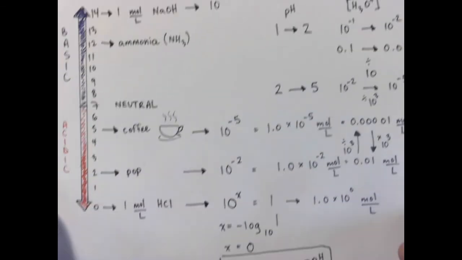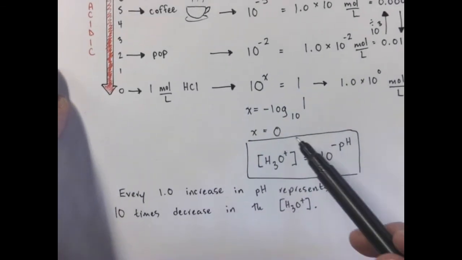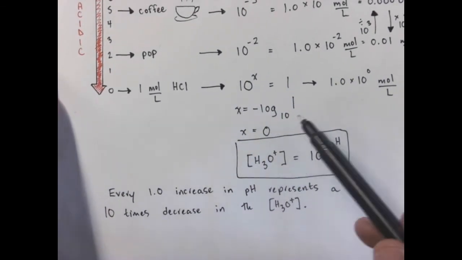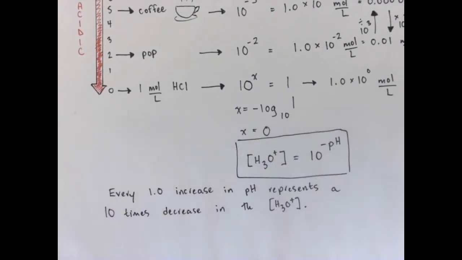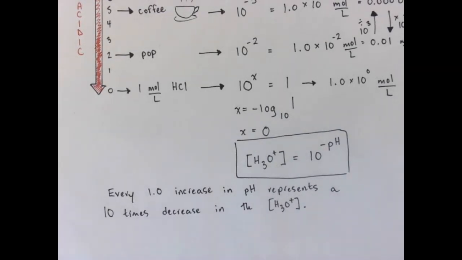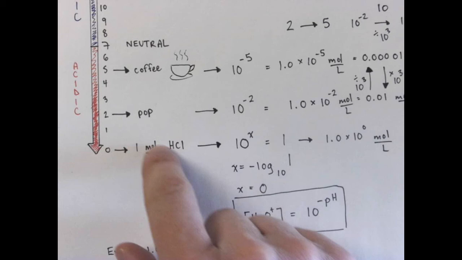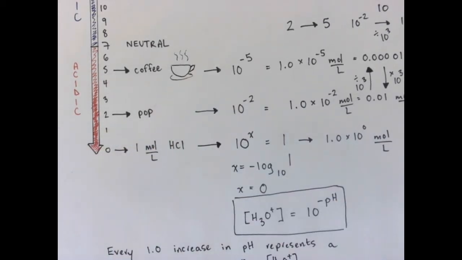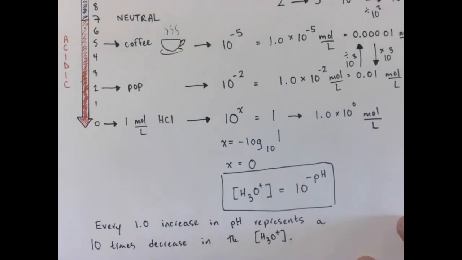And the second thing we covered was how to find hydronium concentration from the pH. In the next videos that follow, I'm going to do some examples of how to calculate pH for substances that don't necessarily have nice clean-cut concentrations like this. So stay tuned for that.